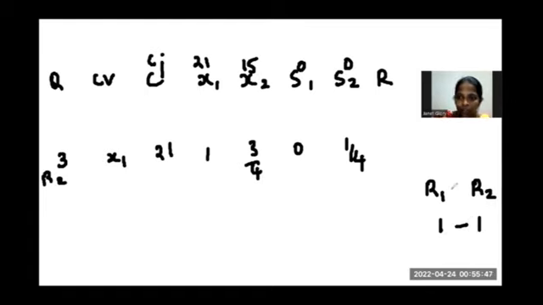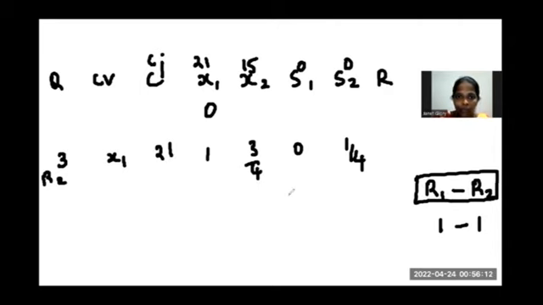So we are going to follow this expression R1 minus R2. So R1 minus R2, it is 1 minus 1 for the corresponding x1, it is 0. So this expression R1 minus R2, we are going to apply for the remaining values also.